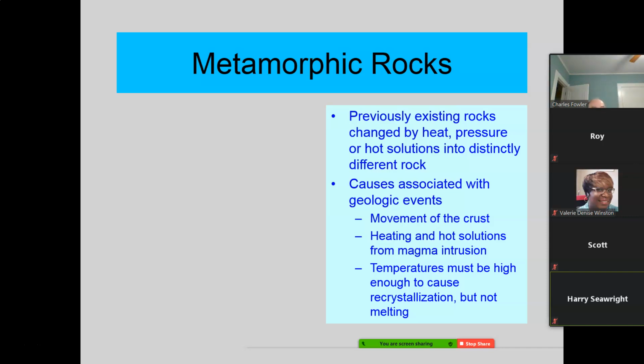It melts. What kind of rock would that become? Rock formed from molten rock? That would make igneous rock. So as long as you don't melt it, but you're hot enough to recrystallize it, that's a metamorphic rock. But if you melt it and then it rehardens, no longer metamorphic, it's now igneous. Okay? So fine line between the two.